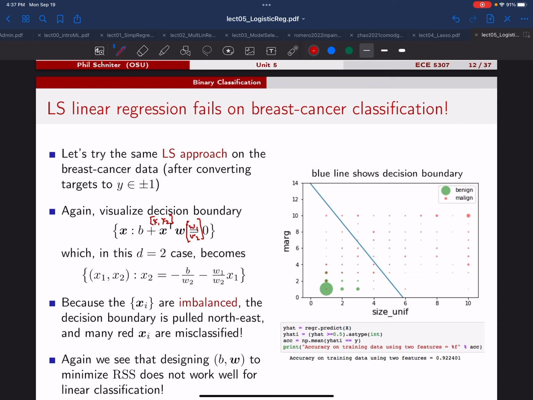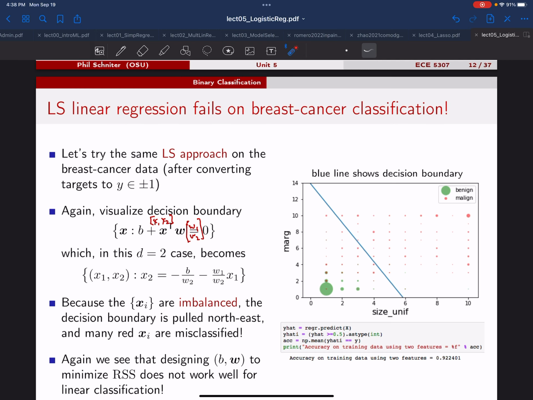When you do that multiplication, you get x1 times w1 plus x2 times w2. Then if you rearrange that equation and isolate x2 on one side, you can get the other side to be a function of all the other parameters. Here you can see that the equation for this line, which is x2 versus x1, is given by this. You have an intercept and a slope, which is negative, versus x1. So in case you're wondering how you go from this model to these lines, it's just a simple algebraic manipulation.